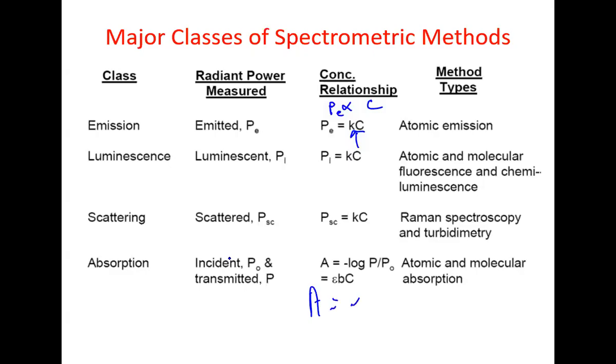A equals minus log T, and T is really P over P naught. And we know absorbance is epsilon b C. We use this in atomic and molecular absorption. This is what we use, absorption.